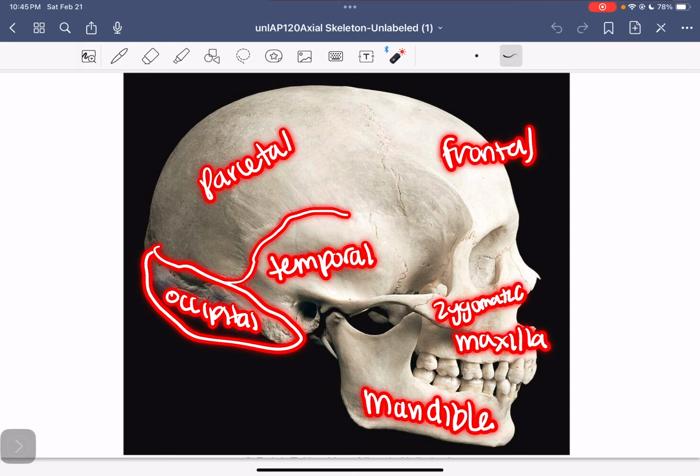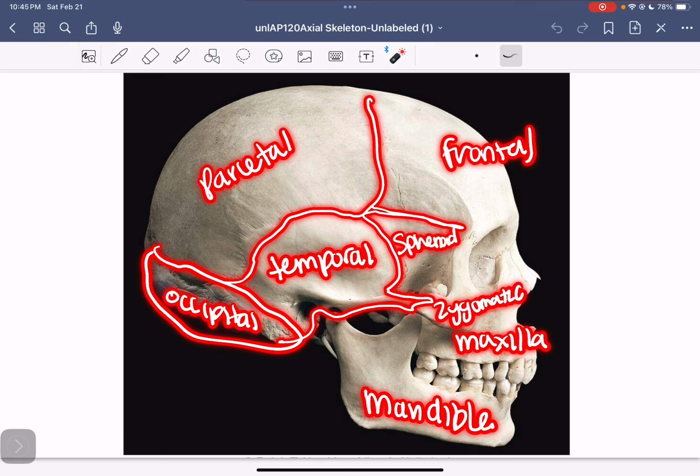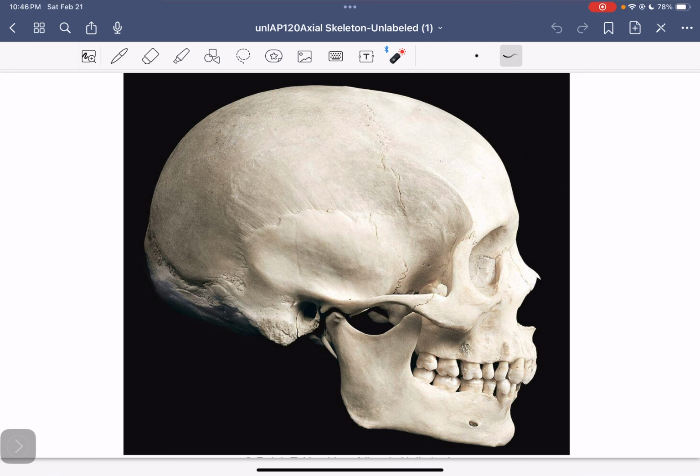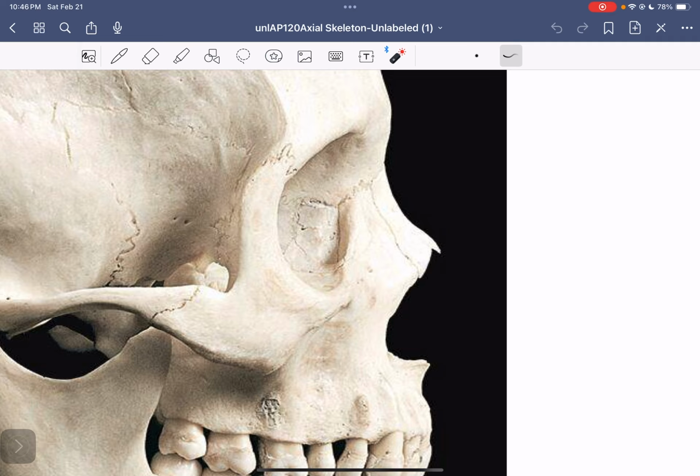Those lines help you create boundaries around all of these. And then our sphenoid. Okay. So, from this view, we can see our lacrimal.